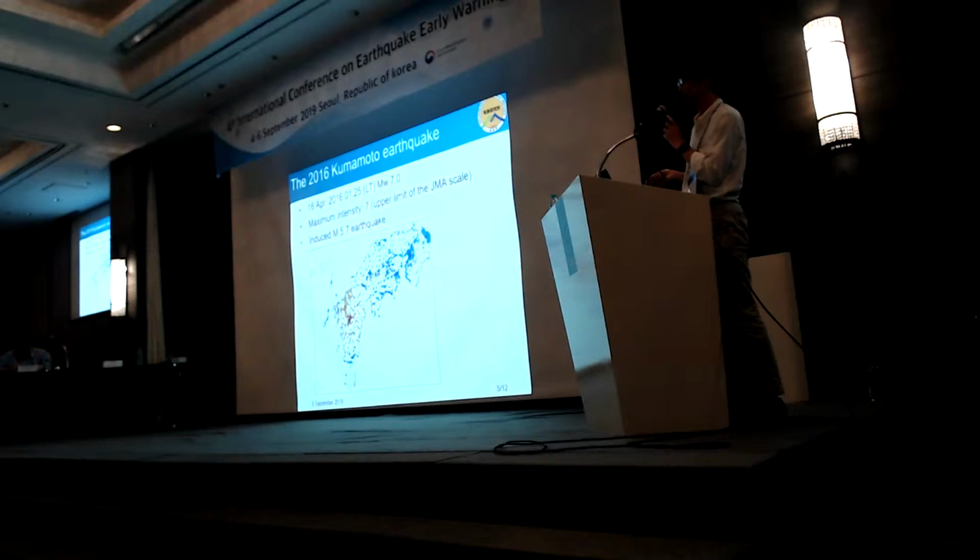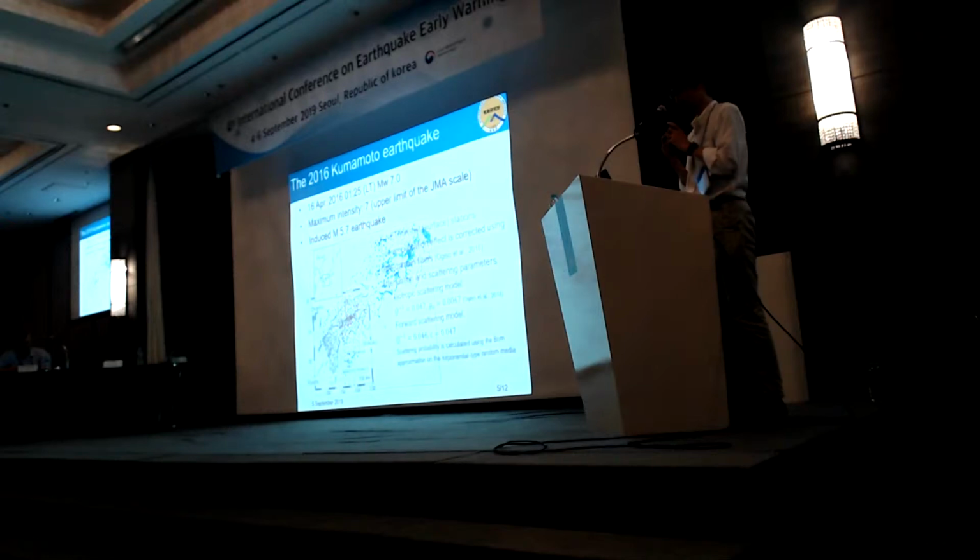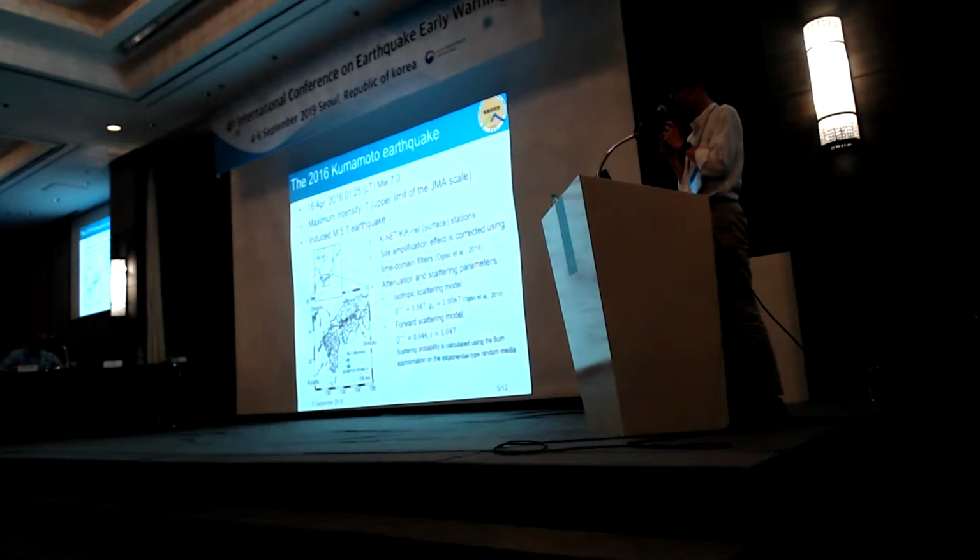And as Hoshiba-san already showed, this event induced a magnitude 5.7 earthquake, and so this intensity distribution has two local maxima here and here. So in the prediction experiment, we used the K-NET and KiK-net stations shown in this map.